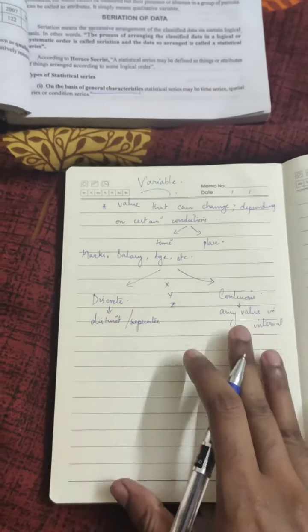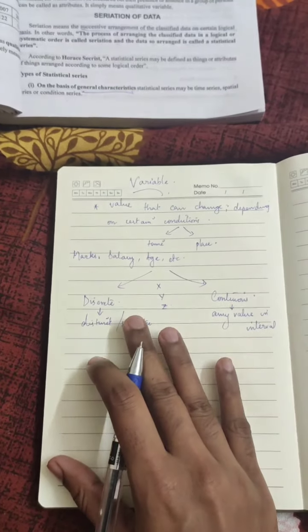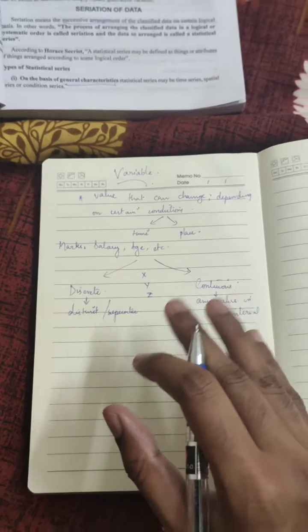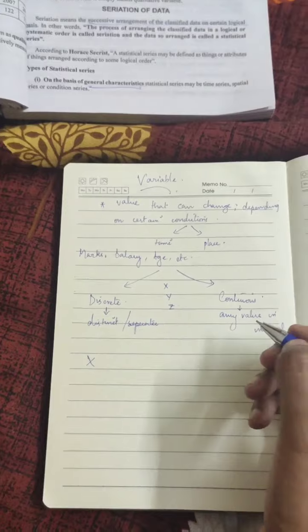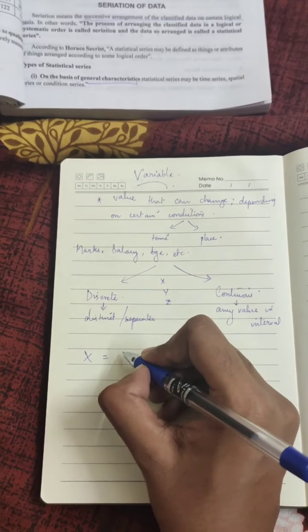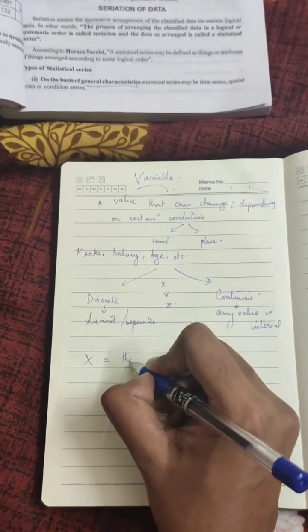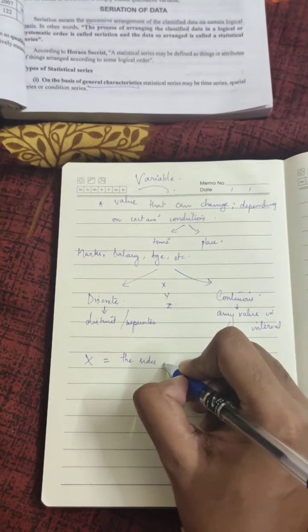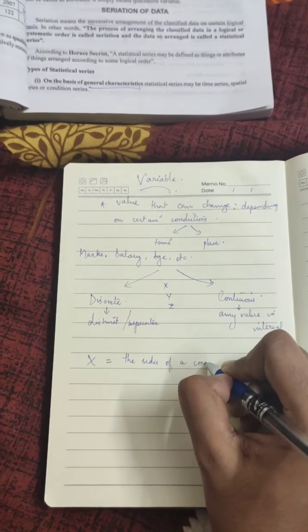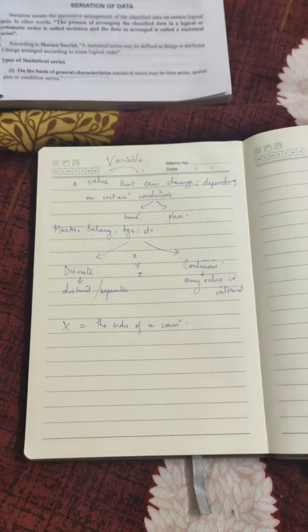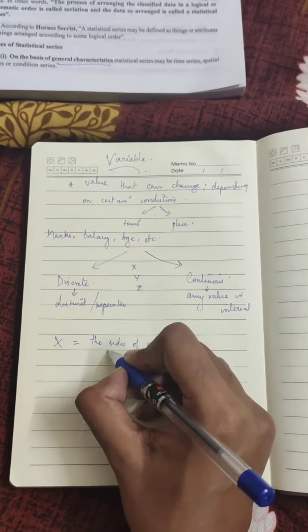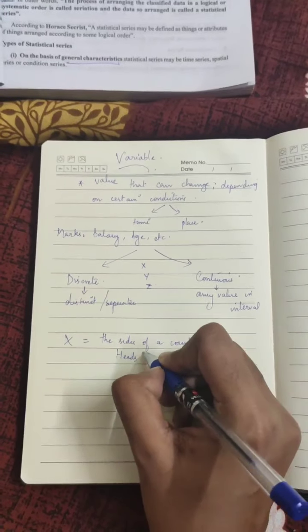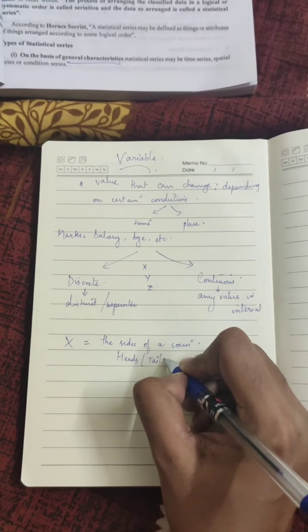I'll give you an example of a discrete and a continuous variable for easier understanding. For example, I am taking a variable x, which gives me the sides of a coin, and the value will be either heads or tails.